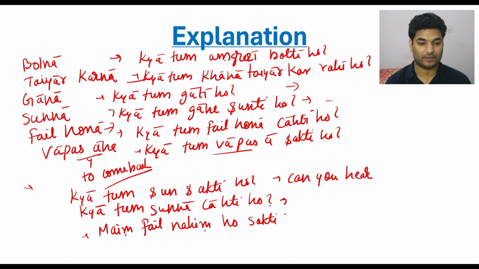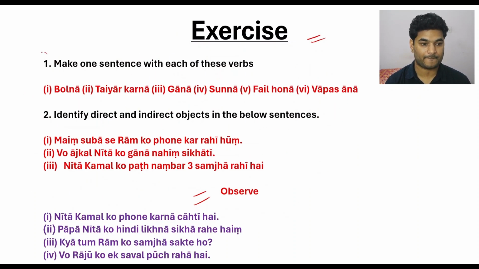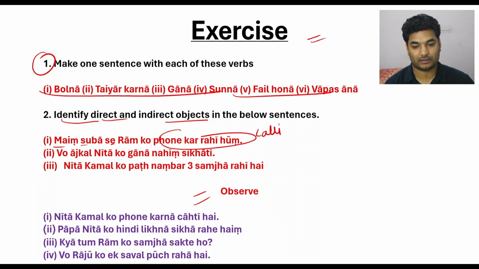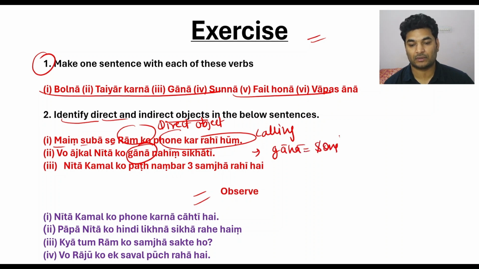All right. So these were the sentences we made with these verbs. Here we have to identify direct and indirect objects. मैं सुबह से राम को फ़ोन कर रही हूँ. फ़ोन करना, calling. I'm calling Ram. Ram is direct object. वो आजकल नीता को गाना नहीं सिखाती. गाना, song, music, singing.